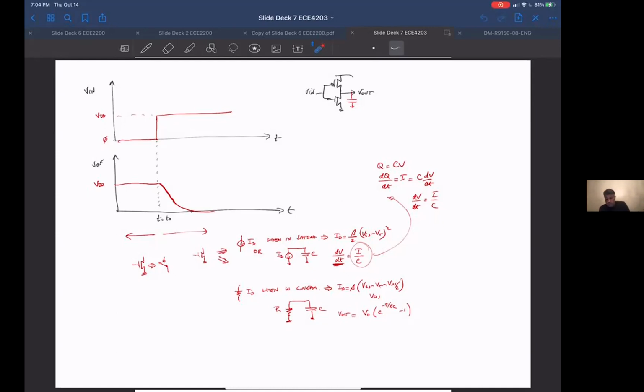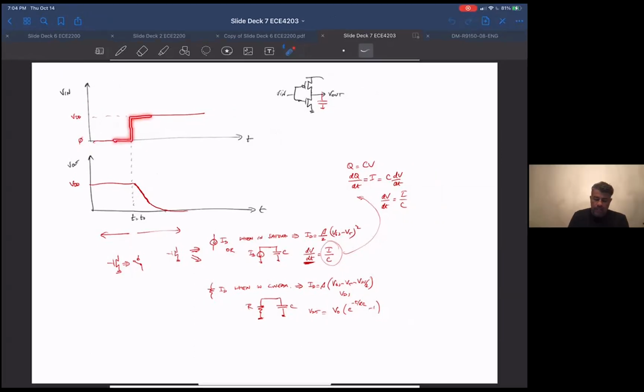So, we're doing these estimations on the delay of a CMOS inverter. And basically, the model that we used for this delay is that the input is an infinitely fast step function from 0 to VDD.